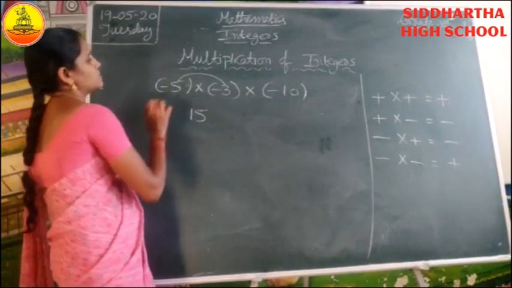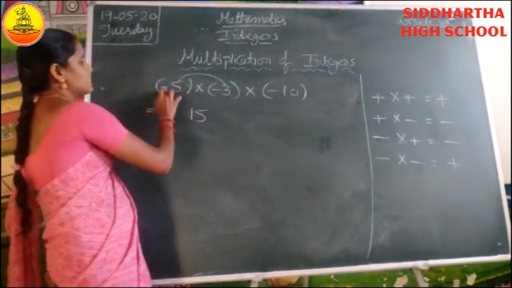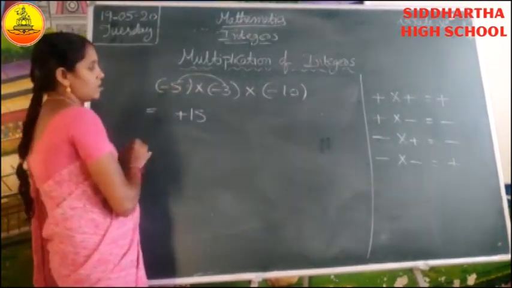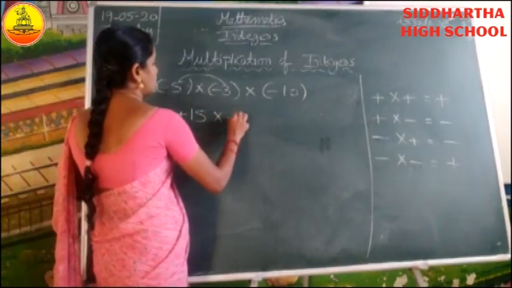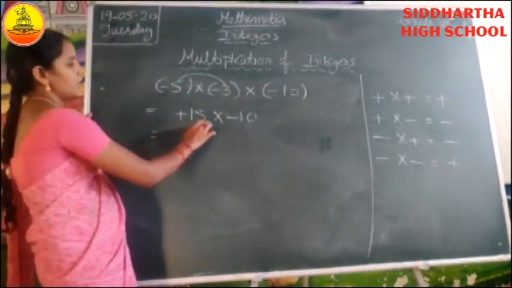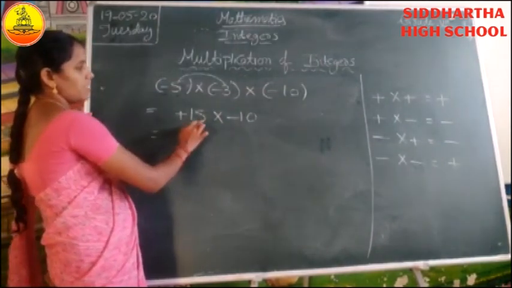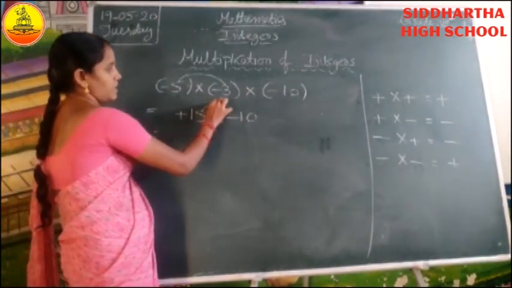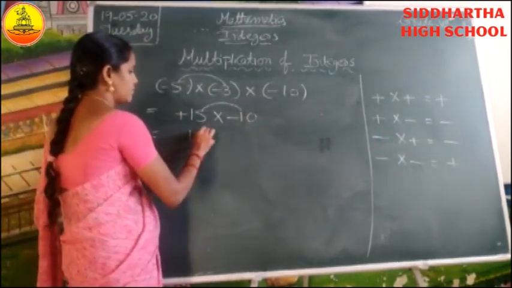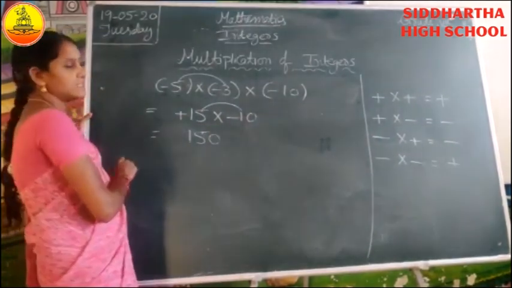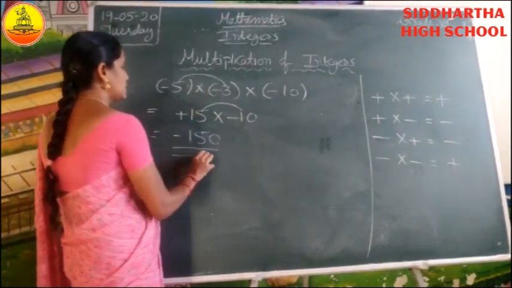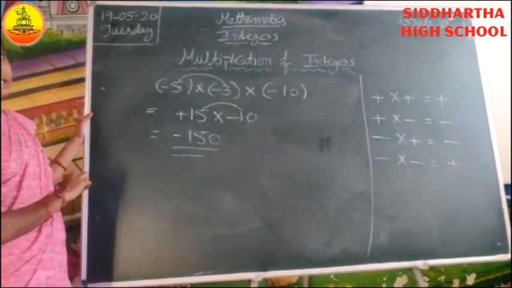First you multiply these two: minus into minus is plus. So these two are completed. Next, into minus 10. Next, 15 into 10, multiply. 15 into 10, how much? 150. Now multiply the signs. Plus into minus is minus. So the result is minus 150.